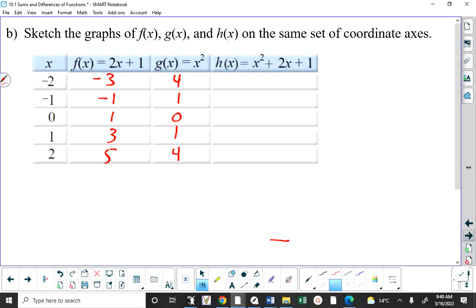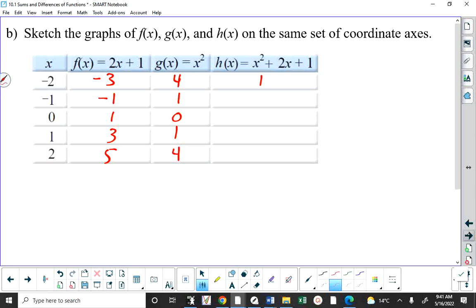Now, what I would like you to do, I would like everybody right now to calculate what number we put in for h(x) when x is -2.